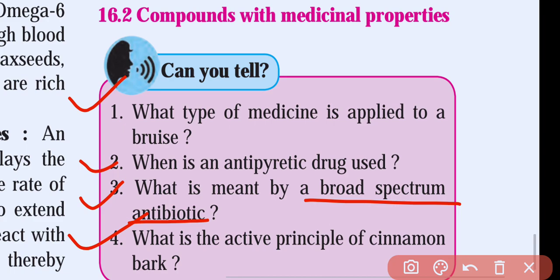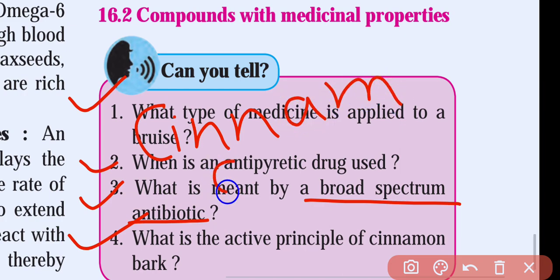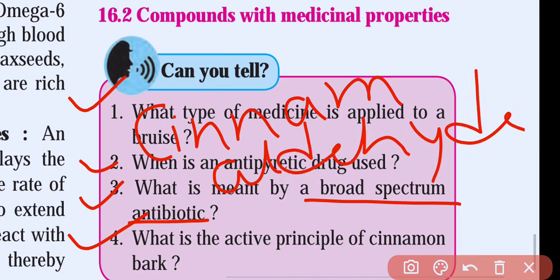What is the active principle of cinnamon bark? The active principle of cinnamon bark is cinnamaldehyde.